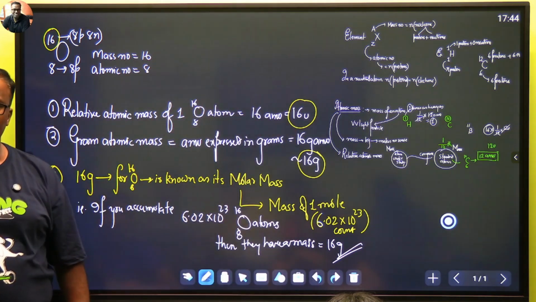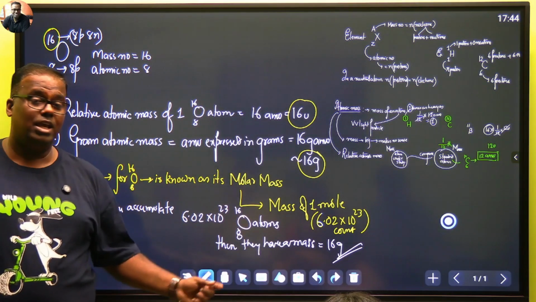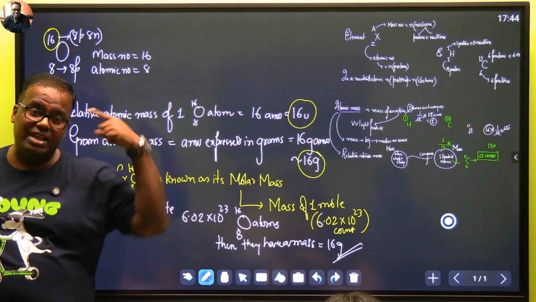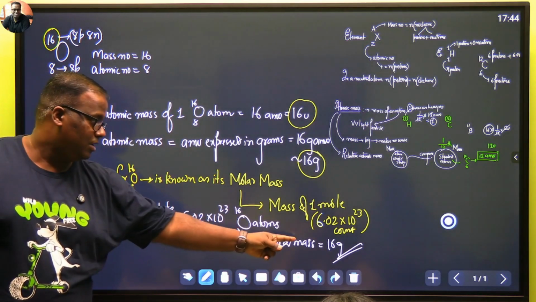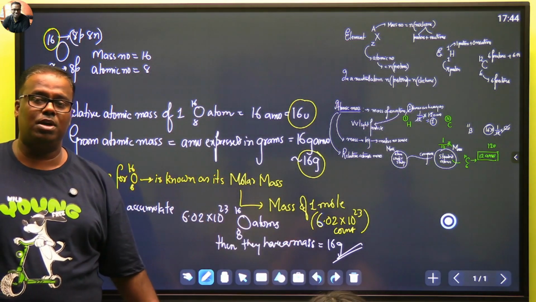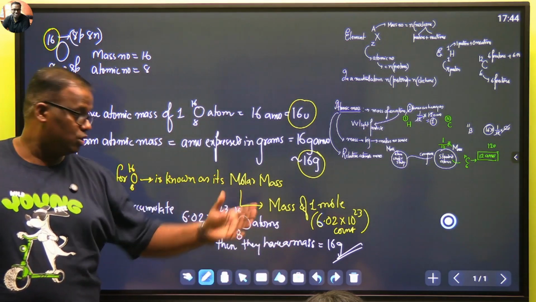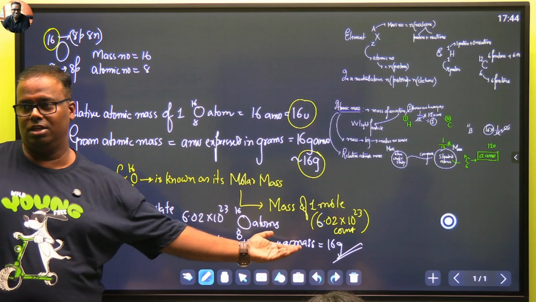Have you understood? The question is, what is the exact mass of one oxygen atom? The exact mass of one oxygen atom will be 16 divided by, see, so many atoms make 16 grams.